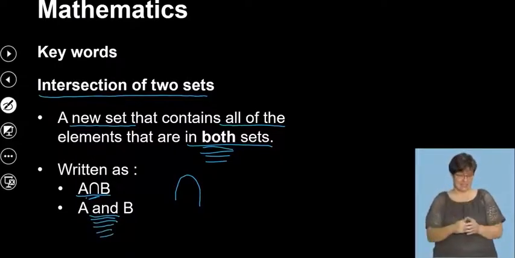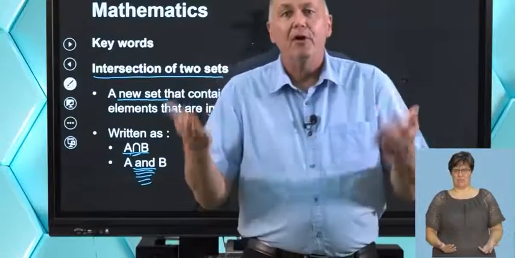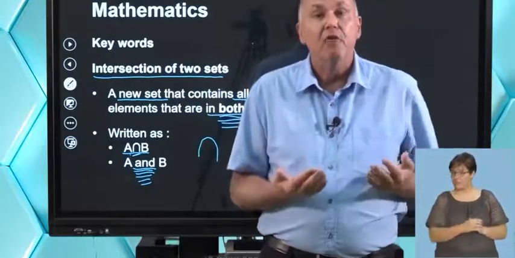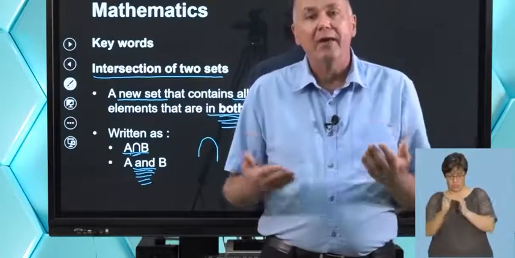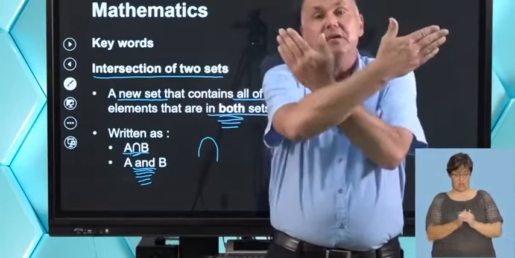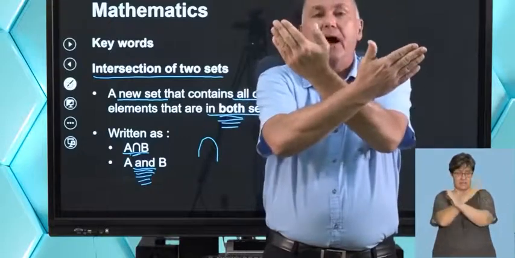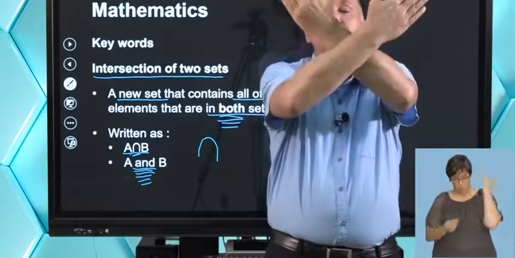Now, how can we remember this? Well, a friend of mine was telling me one of the ways that he remembers this: if you have two roads that are running at 90 degrees to each other, then the intersection is the part of the road that belongs to both of them.